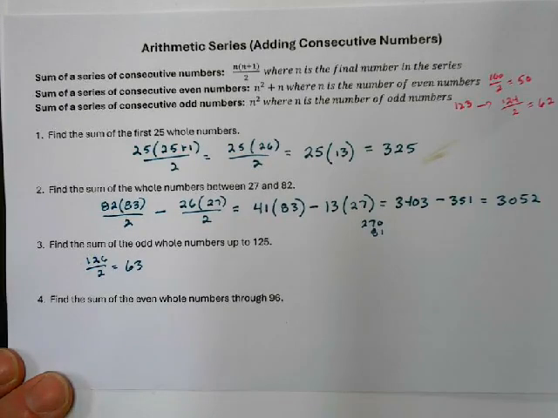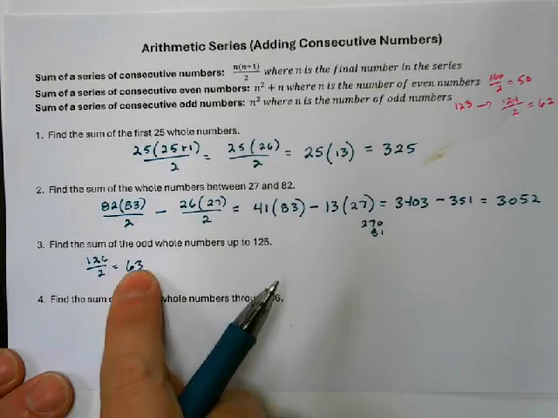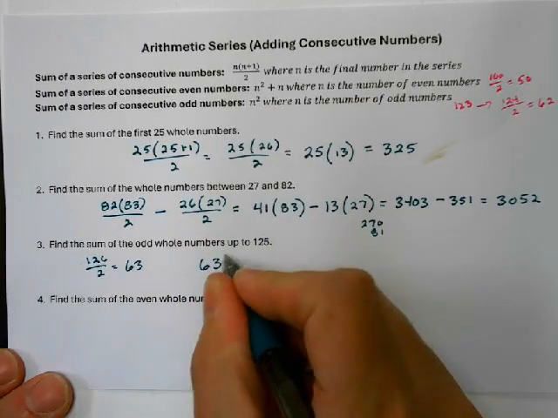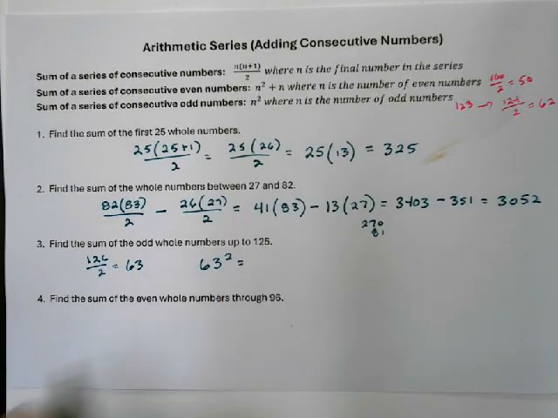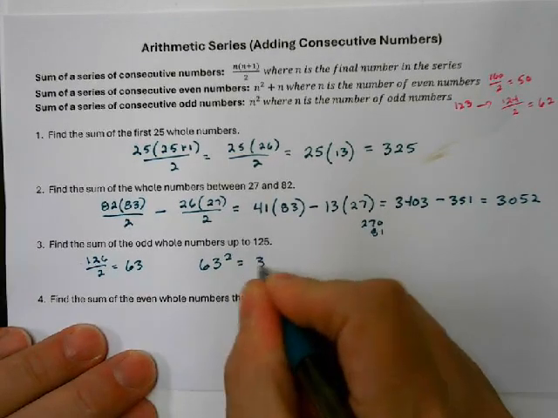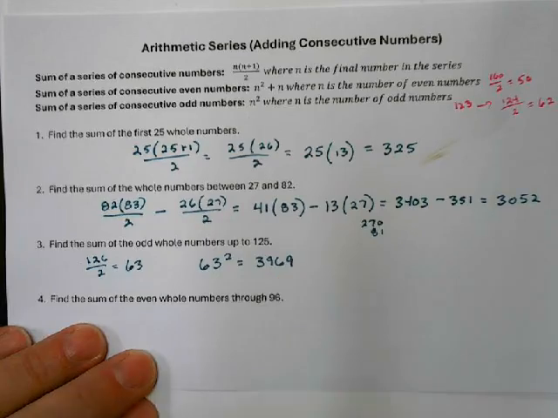So the n value is 63 in this one. So we would do 63 squared, which is 3969. And there's the sum of the odd numbers from 1 to 125.